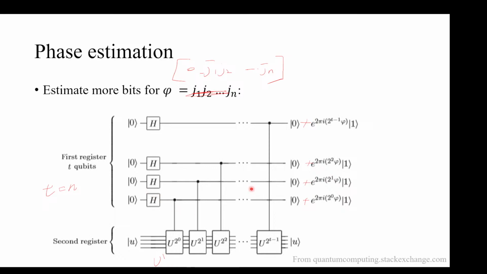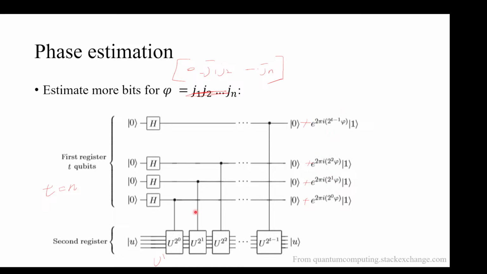And on the second last qubit, you do u twice, so you get e to the 2 pi i 2 to the 1 phi. And for the next qubit, you do u to the 2 to the 2, so you apply u 4 times, and 2 to the 2 times the phase gets kicked back, up to 2 to the t minus 1 times phi here.